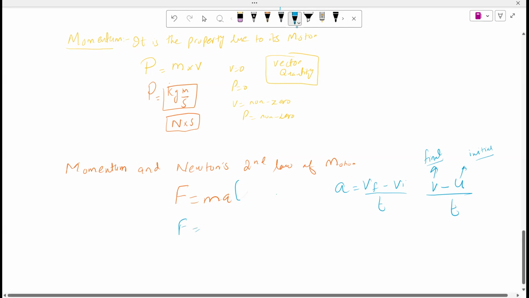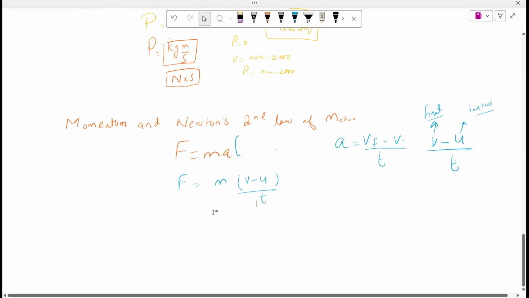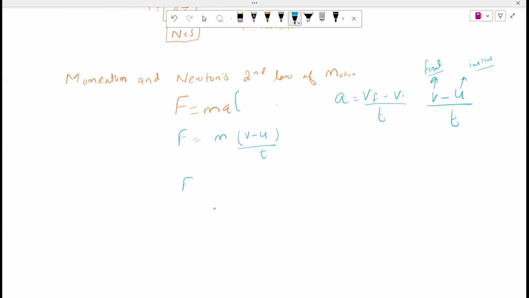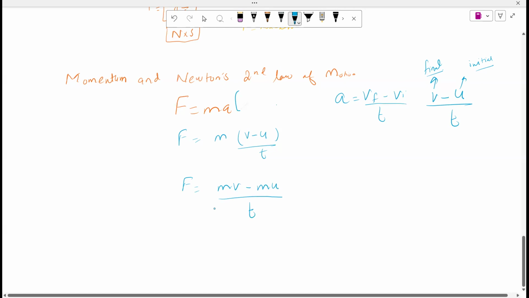If we put the value of a into this equation, we would have an equation something like this: F equals mv minus mu over t. As we have studied previously, mv is basically momentum.